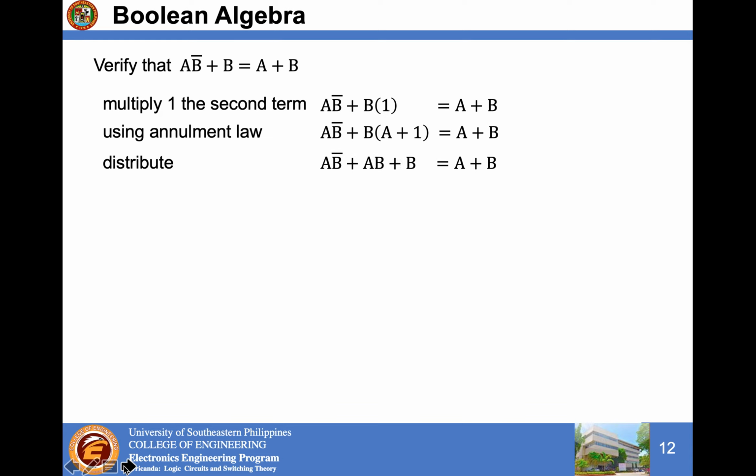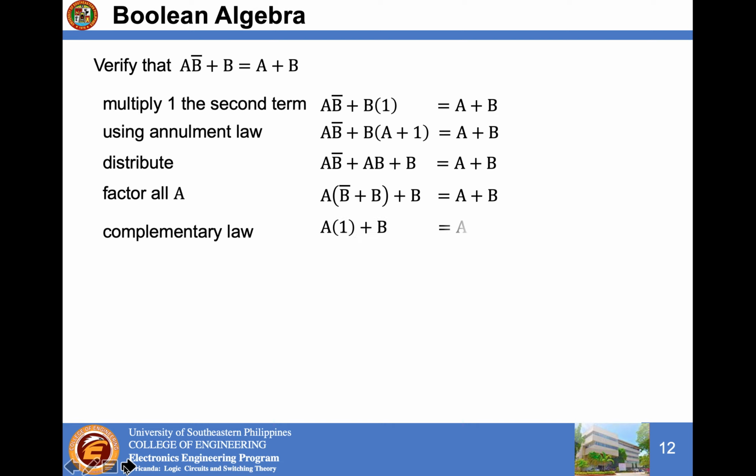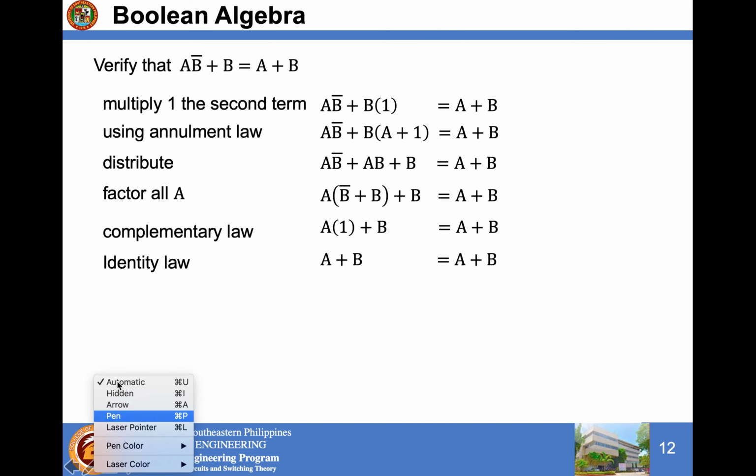After distributing B to the quantity A or 1, we factor out A. Then B bar or B, using the complementary law, is equivalent to 1. And using the identity law, A and 1 is equal to A. Therefore, A and B or B is the same as A or B. So this equation is the same as the right-hand side.